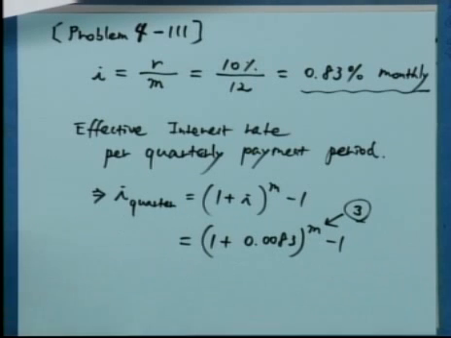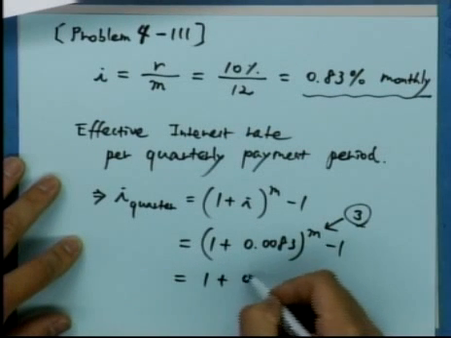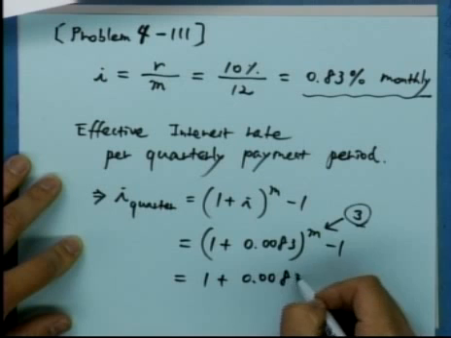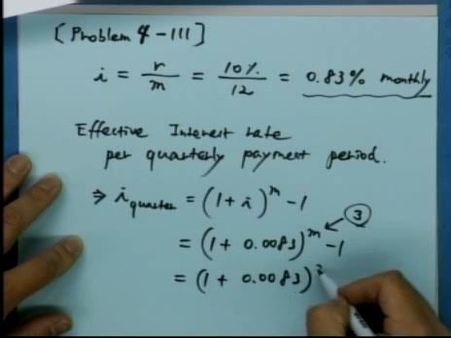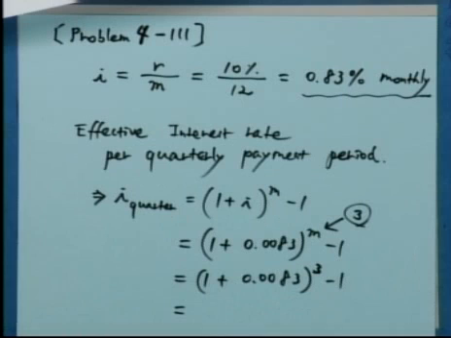Because there are 3 months in a quarter. So this is going to be 1 plus 0.0083 to the power 3 minus 1. So how much is that?